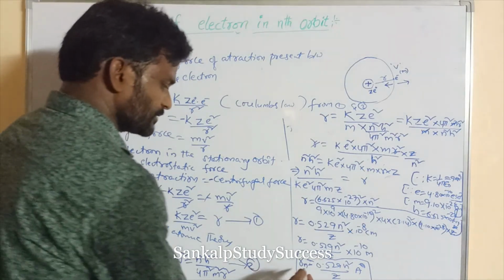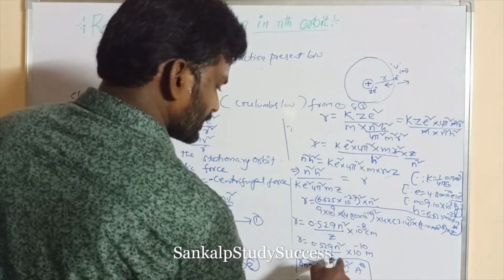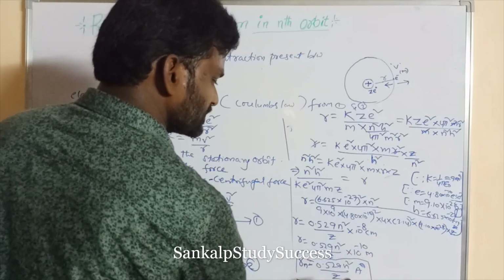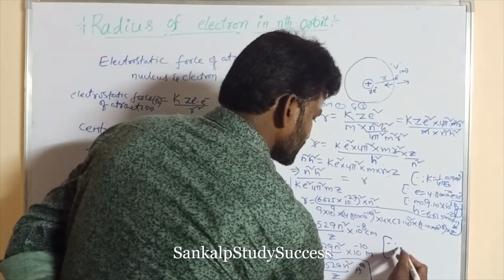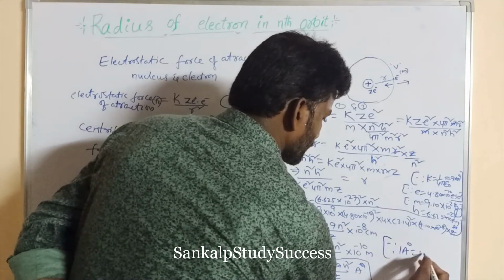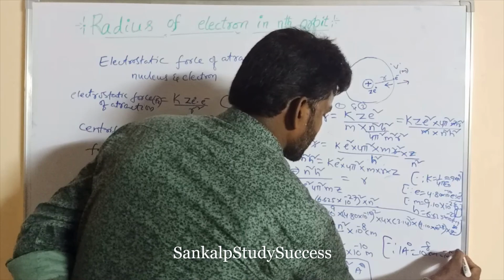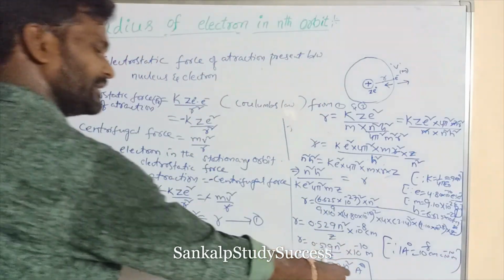So rn is equal to 0.529 n square by Z, and 10 to the power of minus 10 can be written as 1 angstrom, which is equal to 10 to the power of minus 8 centimeter or 10 to the power of minus 10 meter. So that can be written in angstrom.